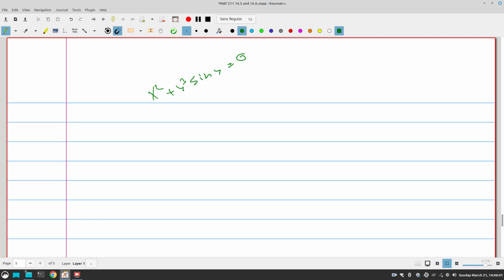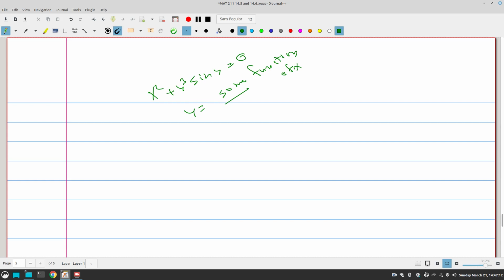Well, from here it's impossible to write y as some function of x, right? So in single variable calculus, what we are used to doing is differentiating both sides with respect to x.